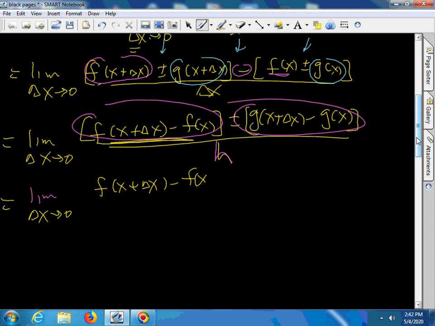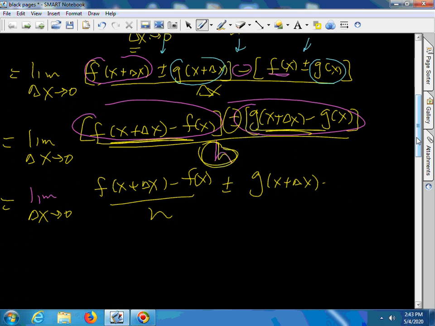I just copied this, and that gets divided by delta x, plus or minus this divided by delta x. G of x plus delta x minus g of x over delta x. And it's the limit of that whole thing.